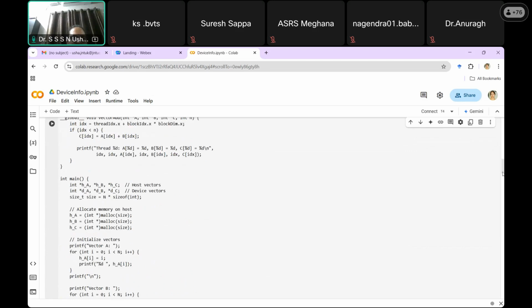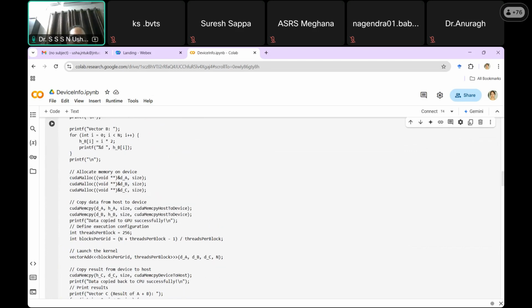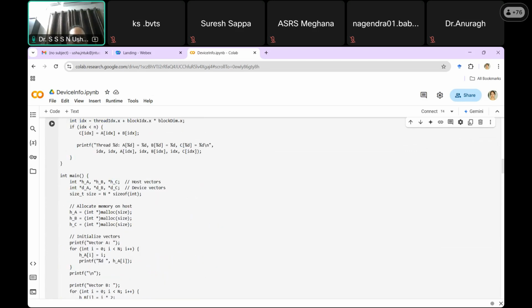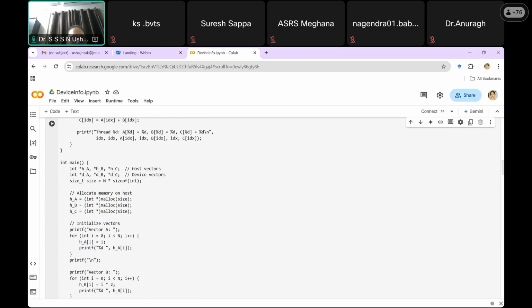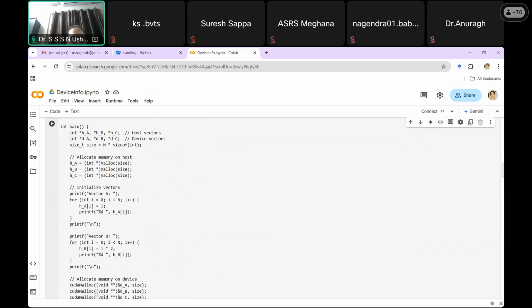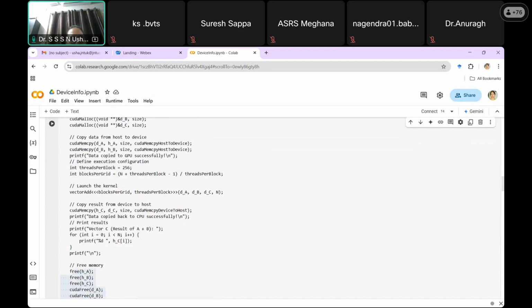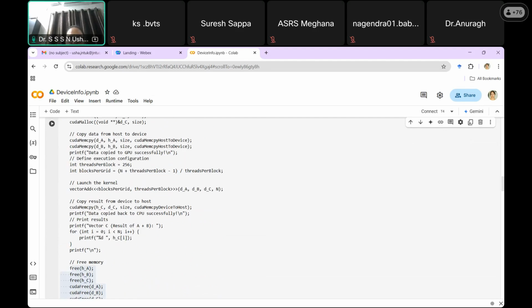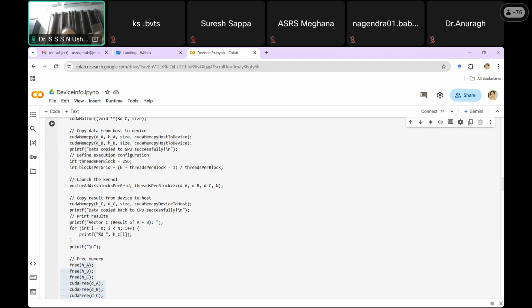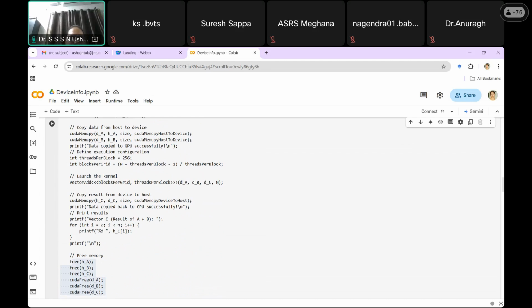Similarly, many programs can be written, but the major thing you need to understand is that initially we need to create memories. Create memory for the host, create memory for the device, then copy the data from the host to device. Device means GPU. Then launch the kernel.